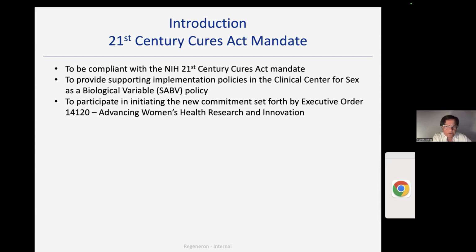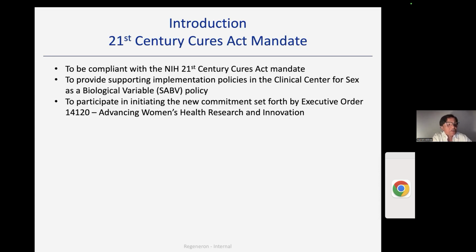One key reform was the requirement that sex as a biological variable, SABV, be integrated into all NIH-funded research to improve reproducibility and generalizability. I worked at the NIH Clinical Center, and there are 27 institutes at NIH.